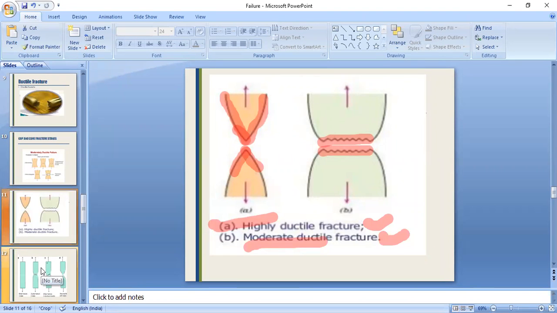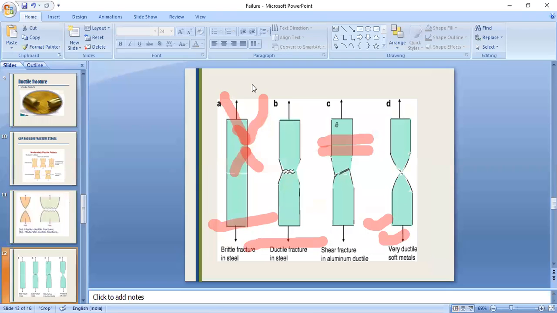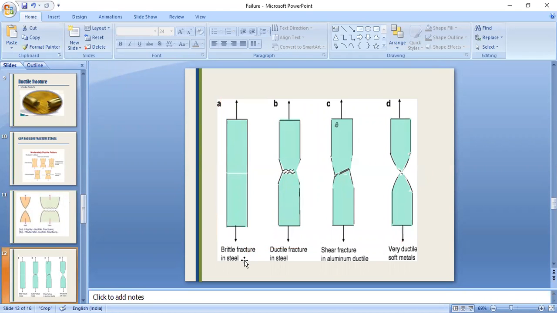Here are some more images. You can see brittle fracture. Important to notice one thing: for brittle fracture, when two materials get separated, this area will always be, or almost always be, flatter.